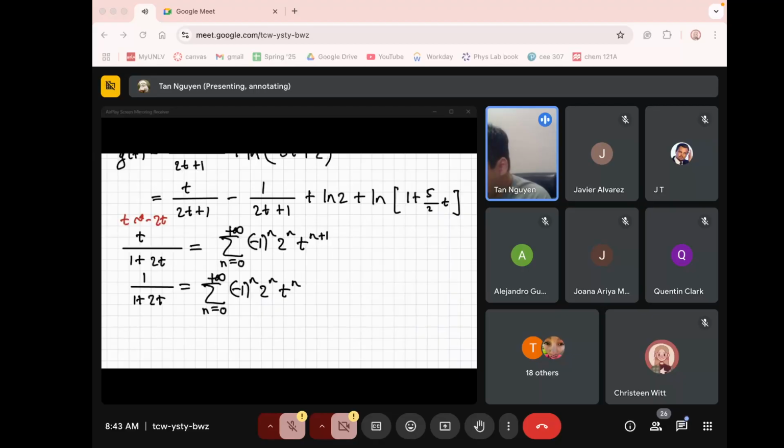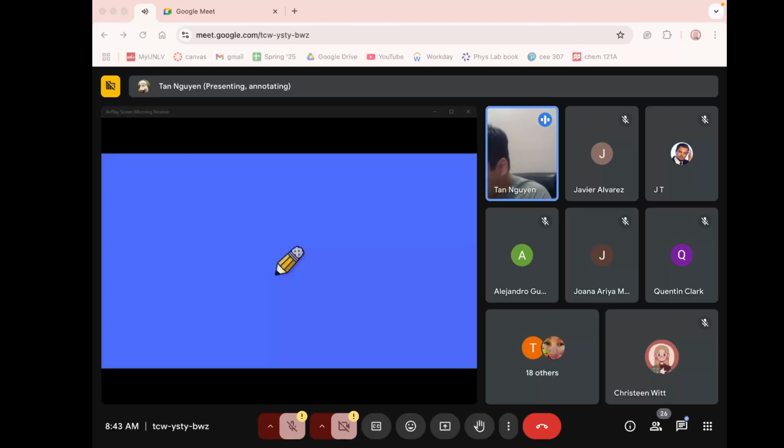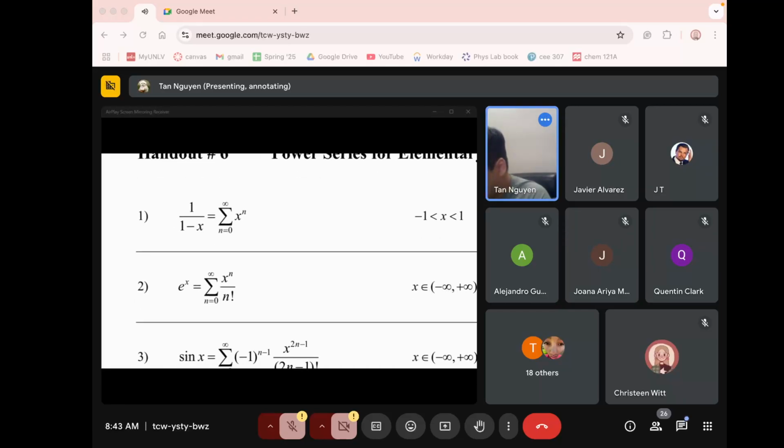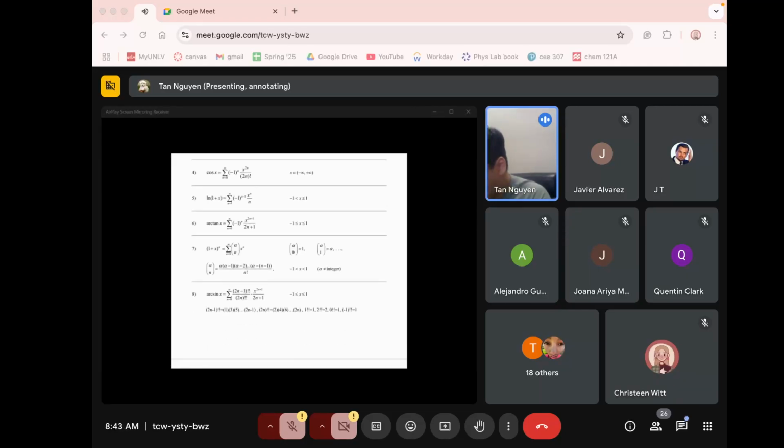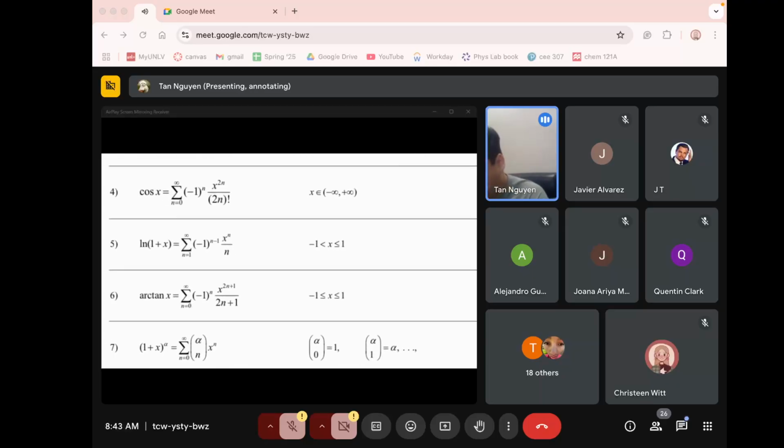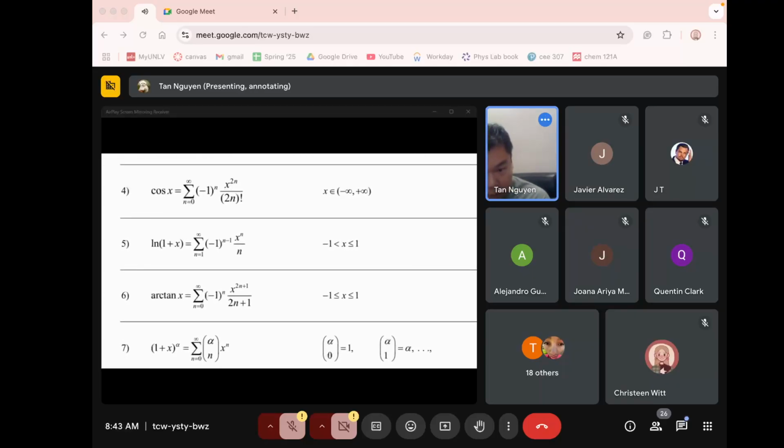Okay. For this series, I don't worry about the ln of 2, it is just a constant. For the series of ln, which number am I going to use? Number 5. Am I right? Number 5. Do you guys see that? So for number 5, I get 1 plus x.